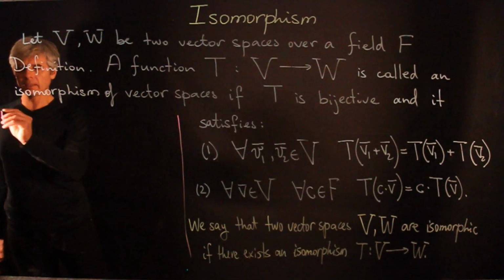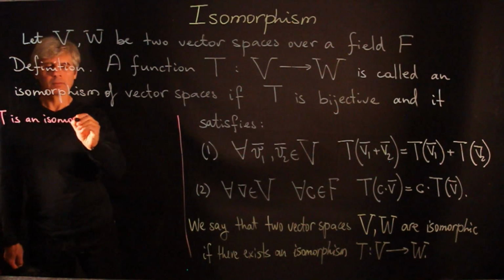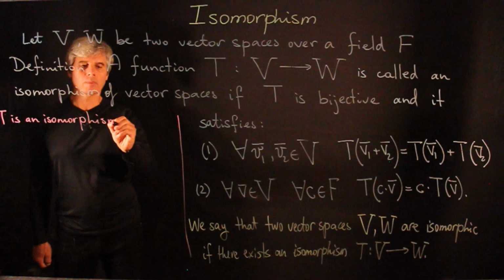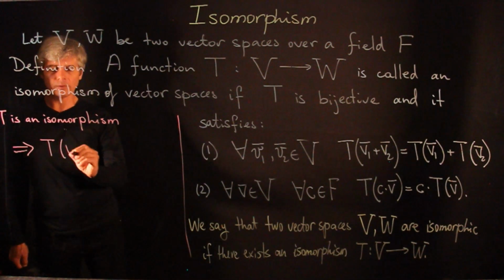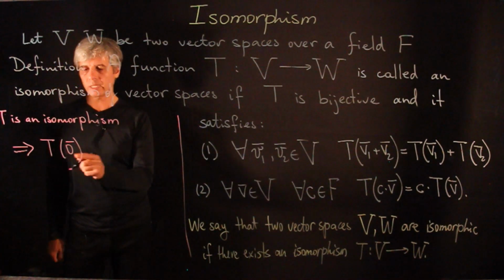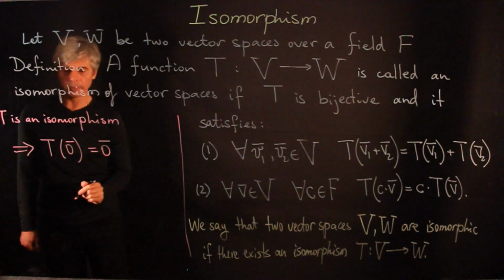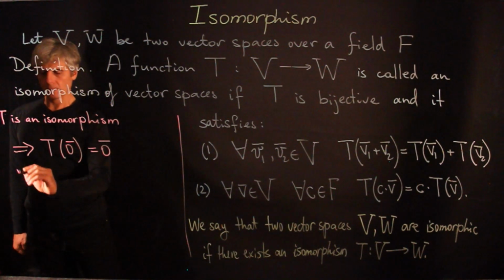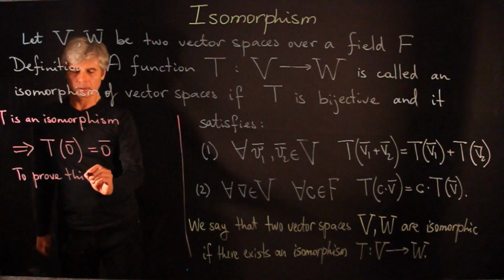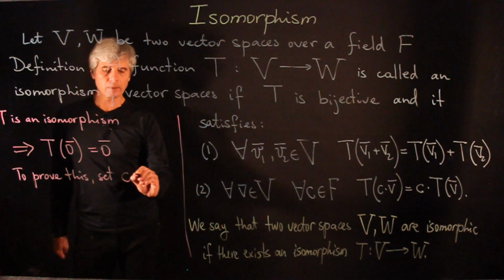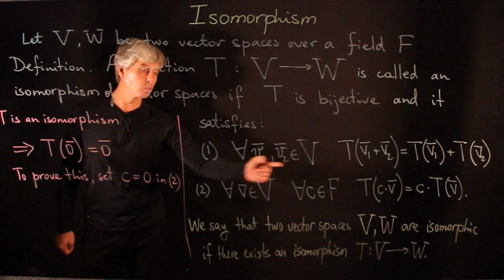So if T is an isomorphism, then this implies that T transforms a zero vector into a zero vector in the space W. And to prove this, set the scalar to be 0 in this property 2, right?